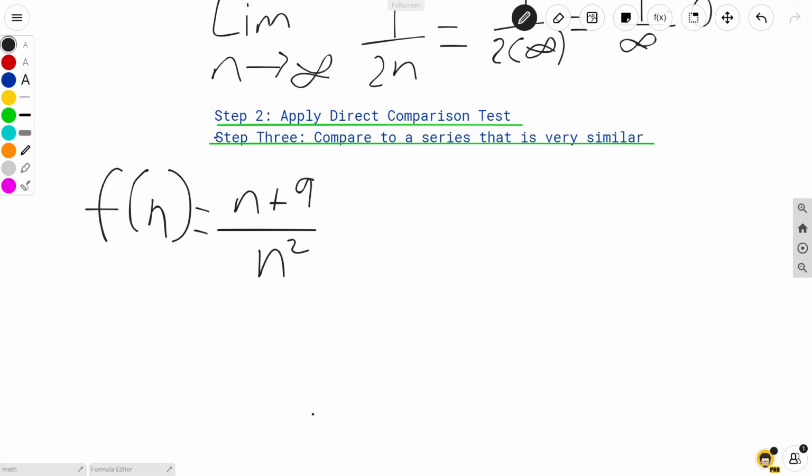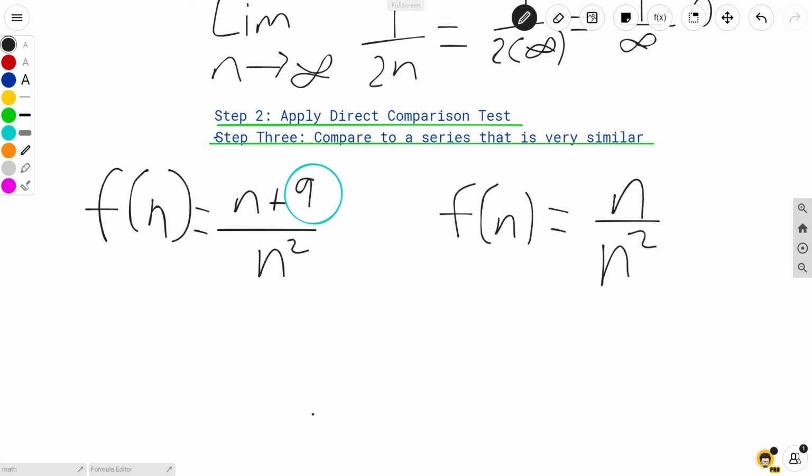And a series very similar, we can identify by simply removing the insignificant terms. So the insignificant term here, I think, is obviously the 9, because it has very little to do with how the series turns out in comparison to the n's. So in this case, the other series we're going to compare it to is simply n divided by n squared. Okay, so these are our two series.